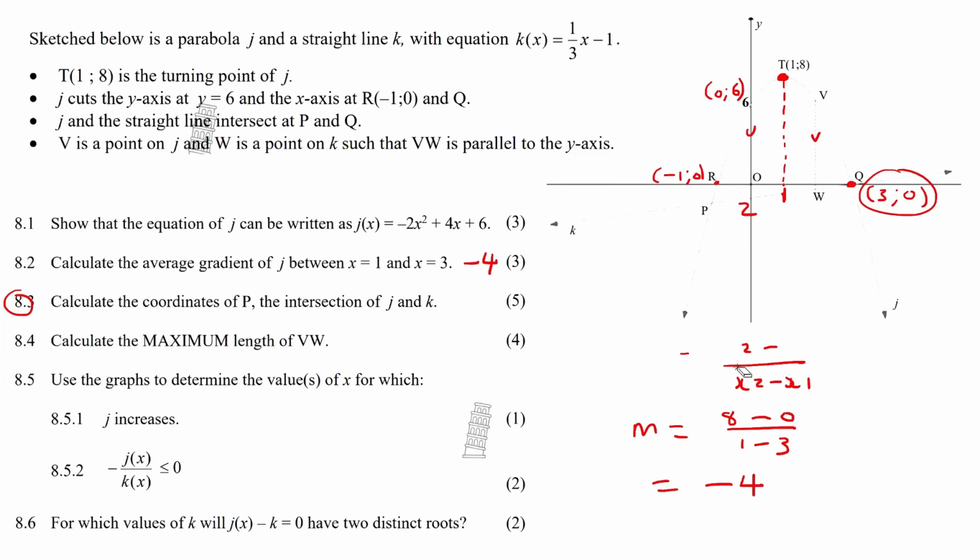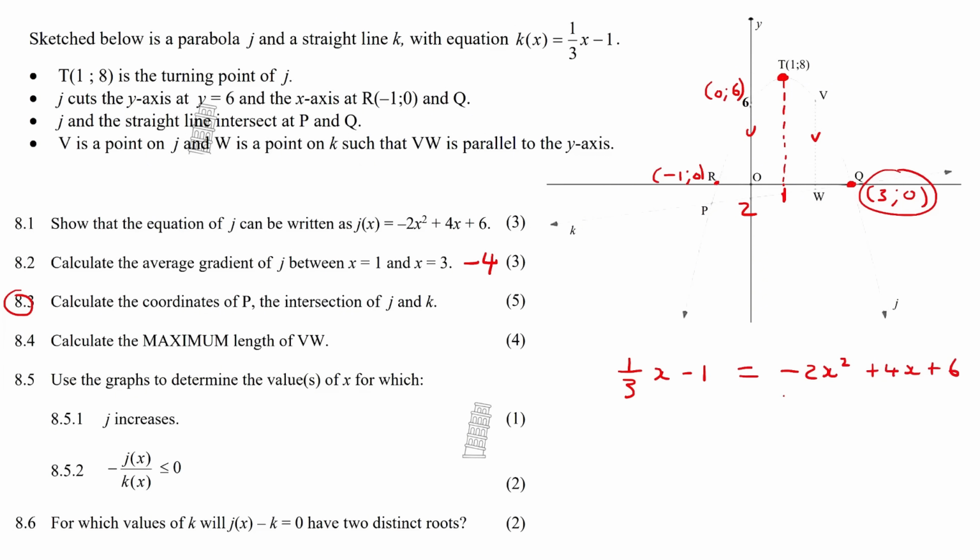types of questions. We know that when you want to find the place where two equations intersect, you make their equations equal to each other. So you make the third x minus 1 equal to the minus 2x squared plus 4x plus 6, and then you solve.